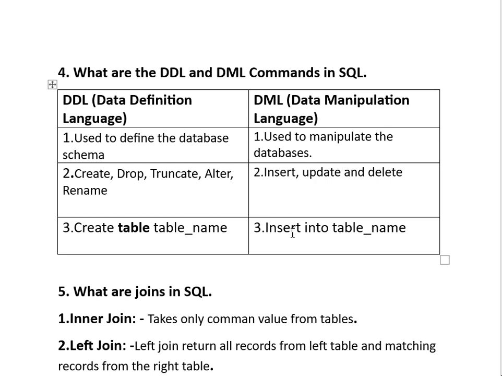We simply use insert into table_name, and if I want to update, I will write update table_name, and for delete, delete from table_name. So in DML commands we do not use the table keyword, but in DDL commands we do. Most of the time when we write the query, we get confused about whether we should write the table object or not. So just keep in mind that in DDL commands we use the table object, but in DML commands we do not. We simply write the query this way.